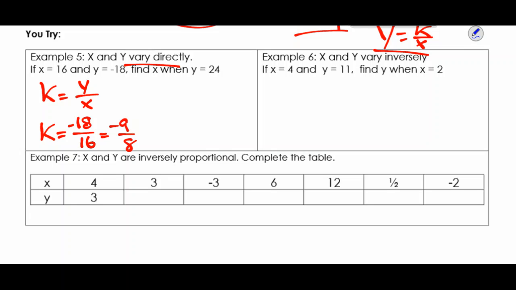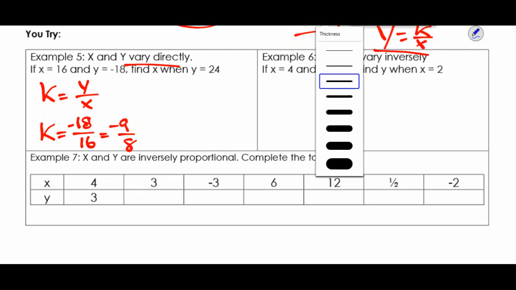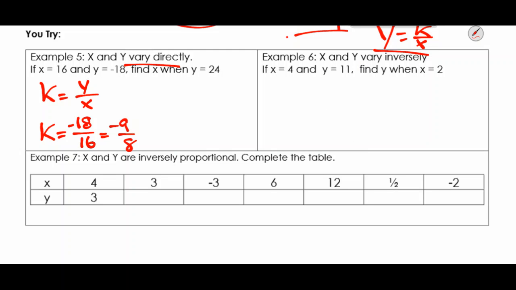I'm not going to. I'm going to use that as a fraction still. I'm going to use this constant and the y value in my direct variation equation. So that's 24 equals negative 9 over 8 times x.